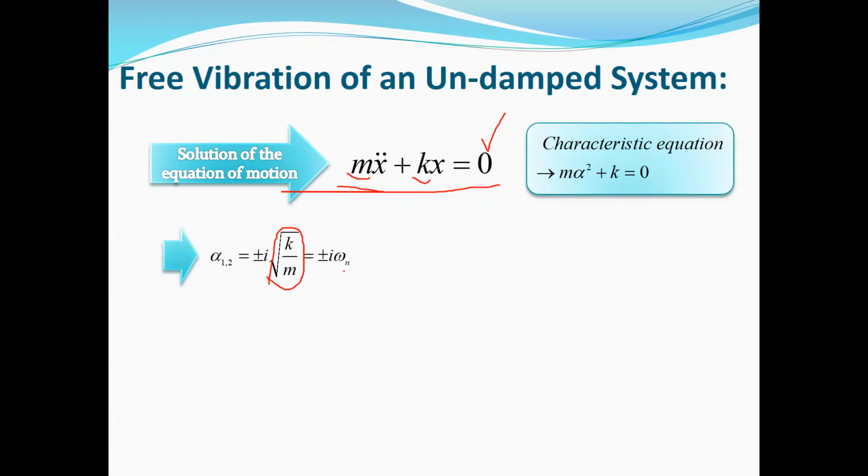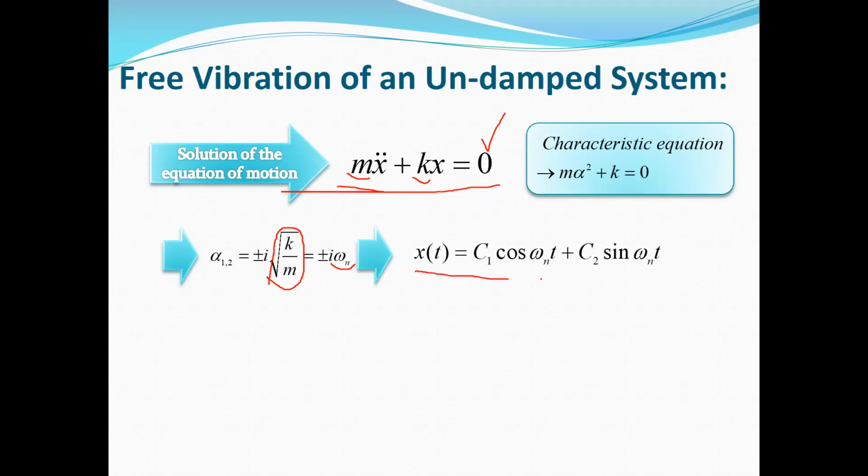As I told you, the natural frequency in fact is the eigenvalue of your equation of motion. So here we easily calculated the natural frequency of this system, and it's equal to the square root of K divided by M. So alpha 1 and alpha 2 are equal to plus minus i times the natural frequency, and x is equal to C1 cosine omega nt plus C2 sine omega nt.